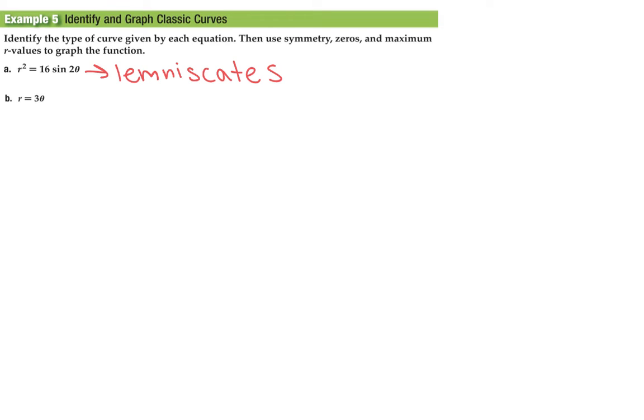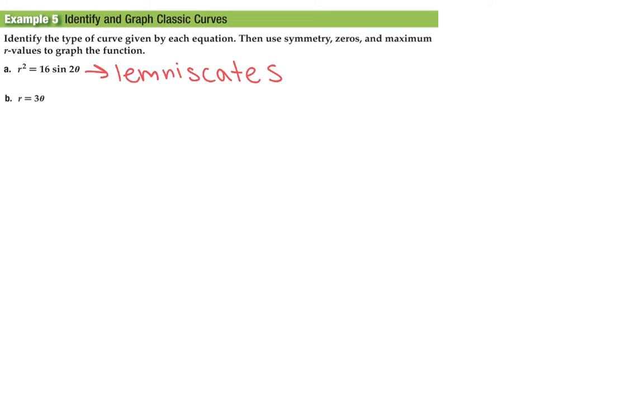That one will give you an infinity symbol type shape, depending on the stretch factors and everything. So we need to talk about the type of curve and the type of symmetry. Well, we did the type of curve. And then the symmetry: it is a sine graph, but it is squared.